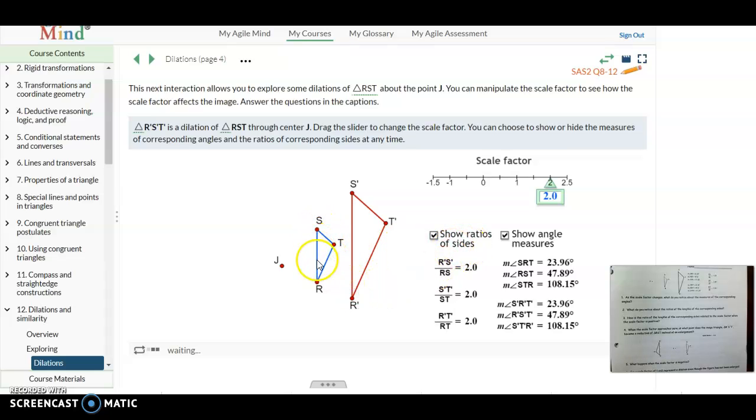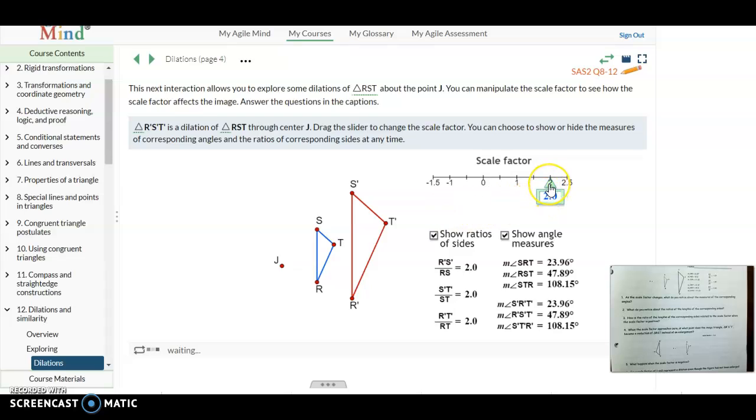So for example, angle SRT, vertex R down here, has a measure of 23.96 degrees. Well, S prime R prime T prime, with the vertex R prime, also has an angle measure of 23.96. So your angle measures do not change when you dilate a figure. It's just the side lengths that are changing size and how far away you're getting from your point of dilation.